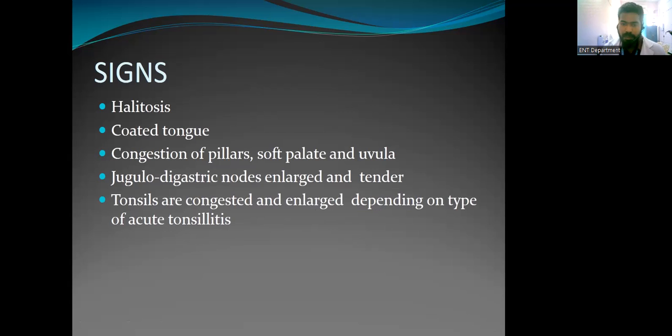The tonsil size depends on the type of the tonsillitis. In a case of acute parenchymatous tonsillitis, it is enlarged much more. In other cases, the follicular and the membranous types, the enlargement is not to a significant level, but you have purulent material and the membrane over the tonsil, which is present.